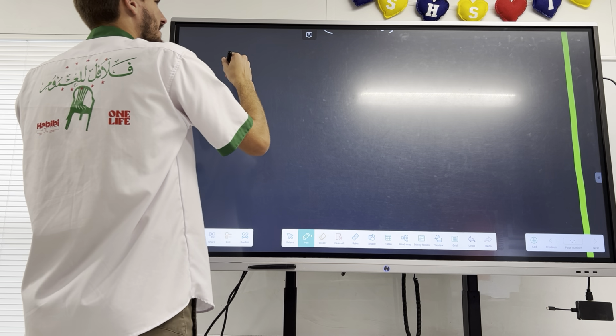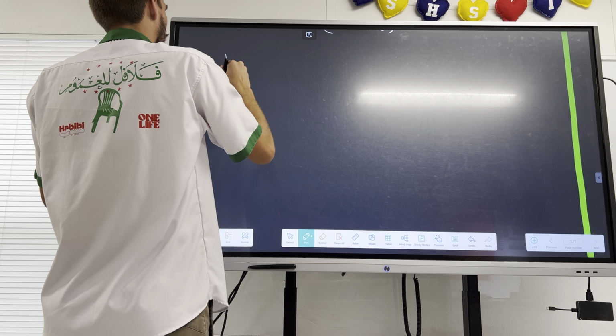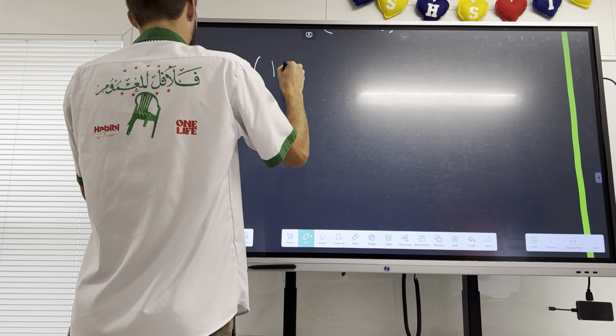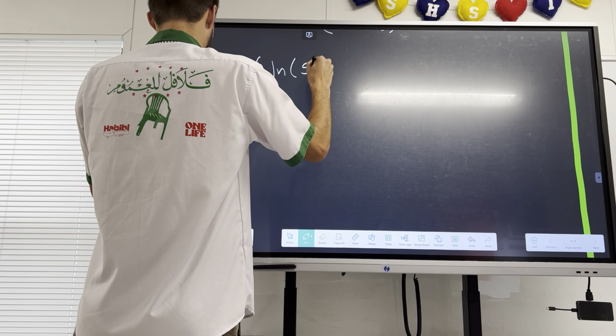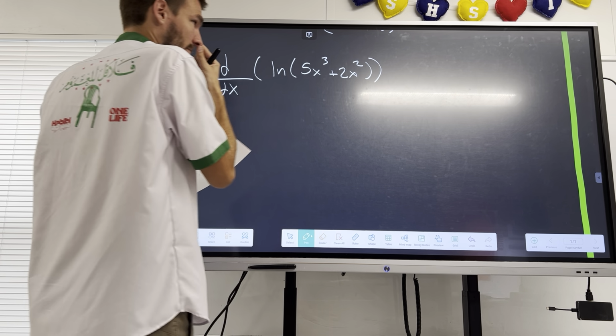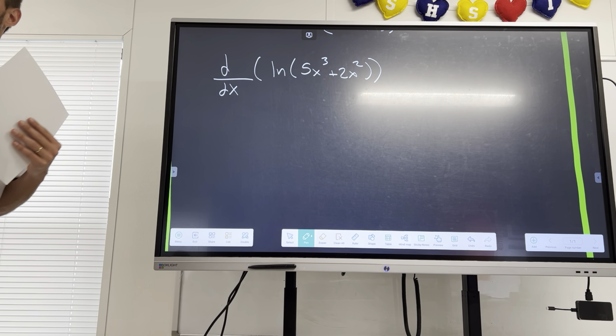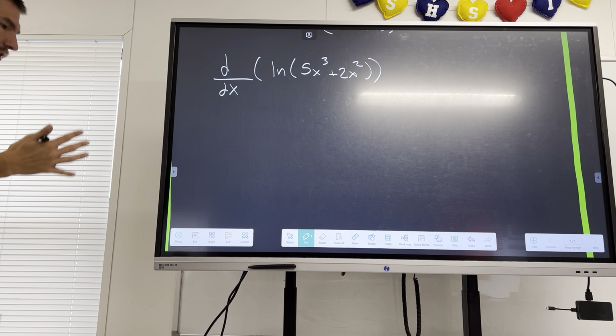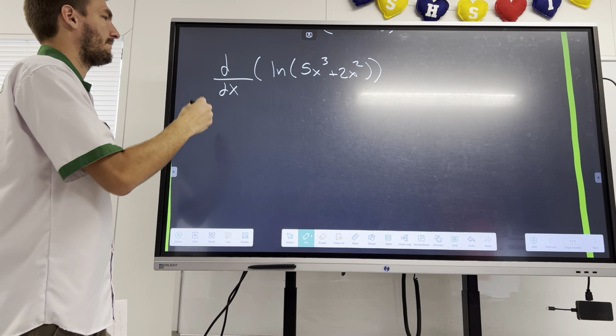So let's say I ask you d dx of ln of 5x cubed plus 2x squared. If I write it like this, again, something we already talked about, but I do want to make sure I go over it.